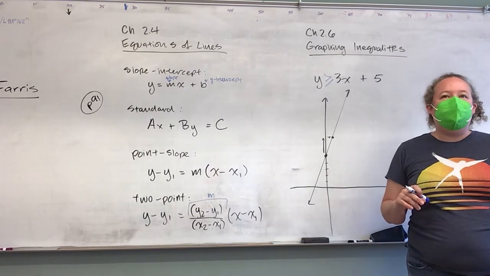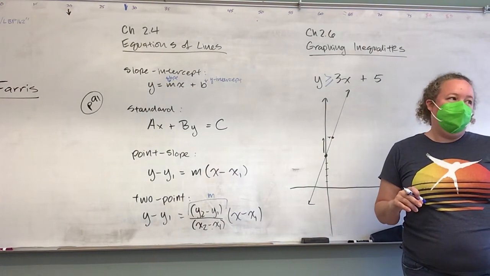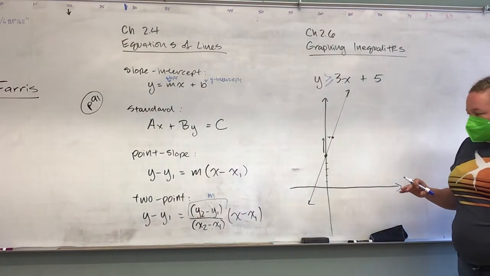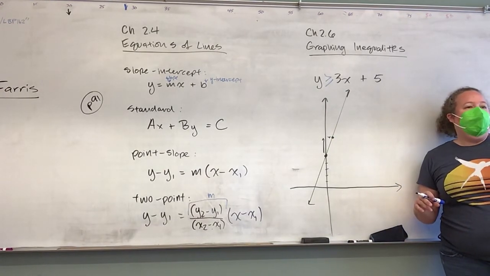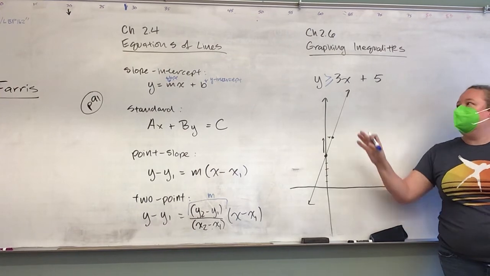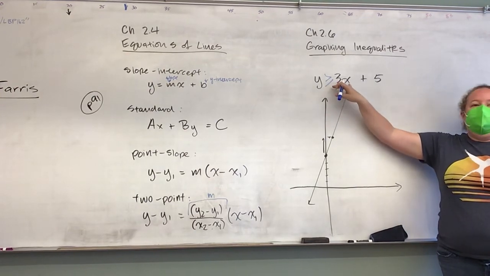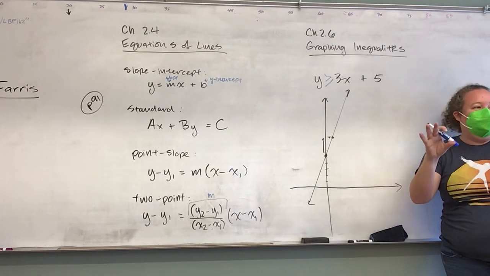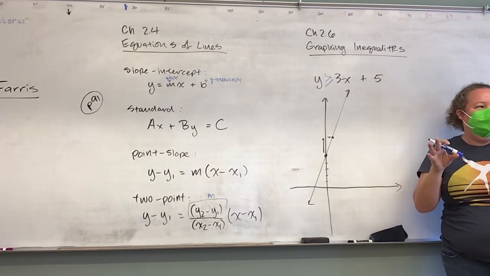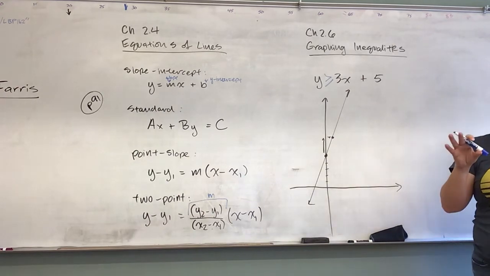So you have the right idea, which is that we want to make sure that we're picking a side where one of the points on that side makes this statement true. And often the point 0, 0 is the easiest to plug in to see whether or not it makes the statement true.